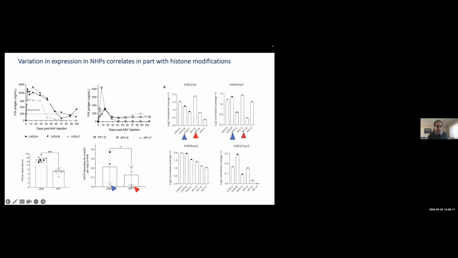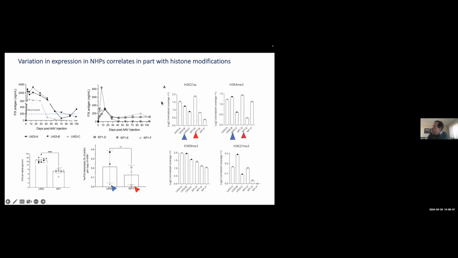But if you look at the DNA copy number between the individual animals, there's very little difference, both in the LKO3 and in the KP1 group. But if you look at the transcripts, the transcripts correlate with the protein expression early on. And if you then look at the histone marks in these animals, you see that the animals that didn't express well from the onset have a reduced number of the permissive histone marks.